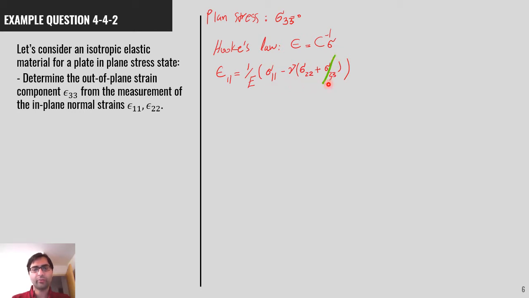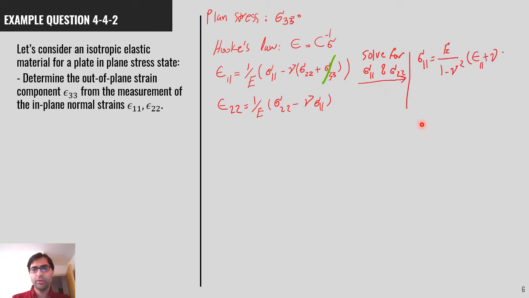We already know that sigma 33 is 0, everything divided by E. So epsilon 22 becomes something similar as a function of sigma 22, and there's no sigma 33 as you see. Okay, solve for sigma 11 and sigma 22. We get sigma 11 equal to E over 1 minus nu square multiplied by epsilon 11 plus nu epsilon 22, the same for sigma 22.